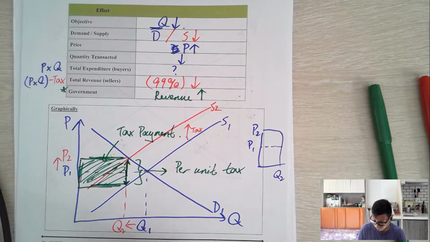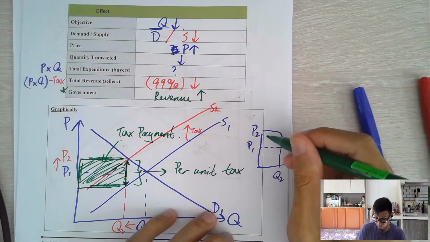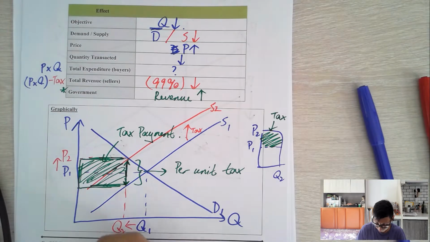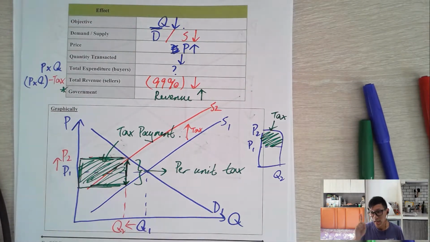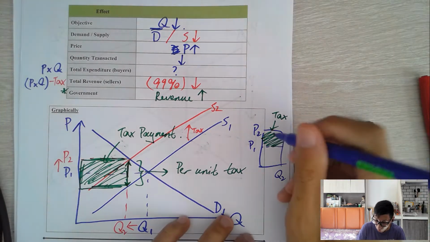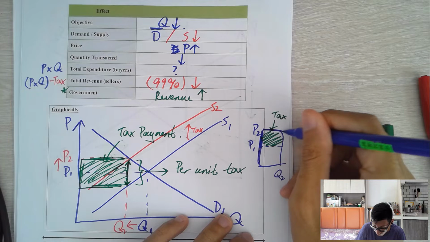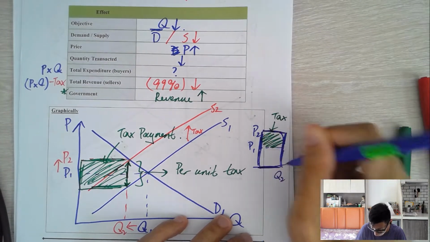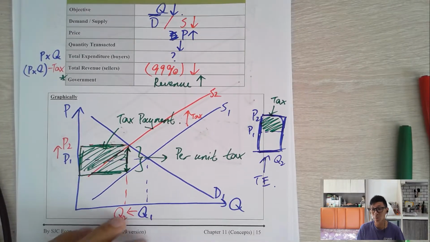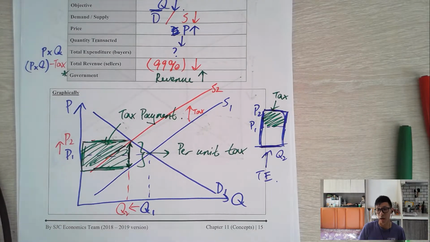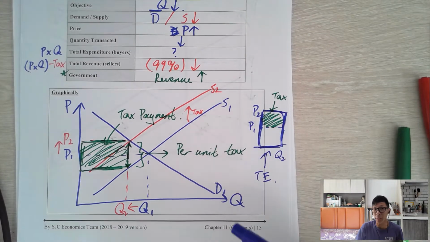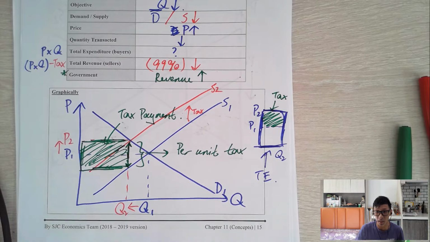This green part is our tax, right? Now P2 Q2, this whole box, would be our total expenditure spent by the consumer, because they sell Q2 units, each at the price of P2, so that is the total expenditure.